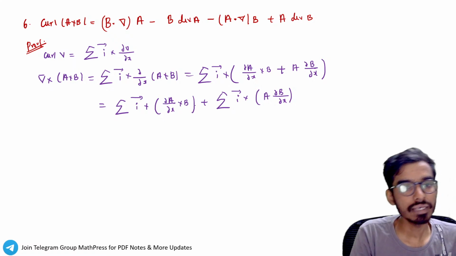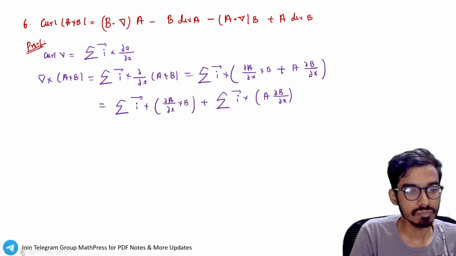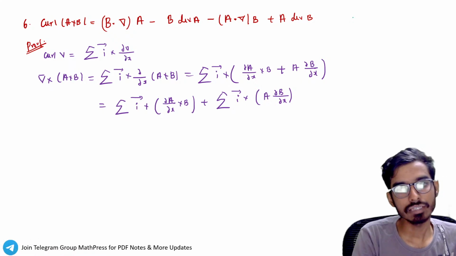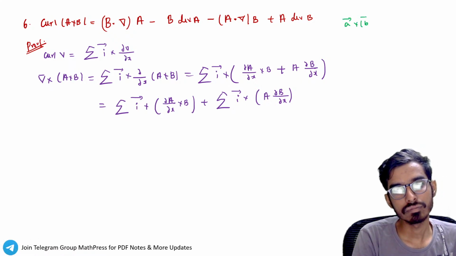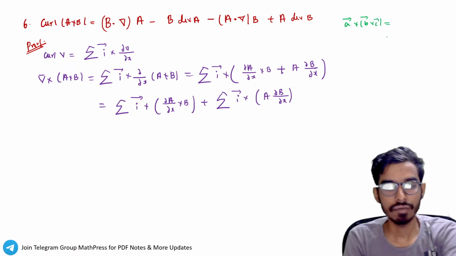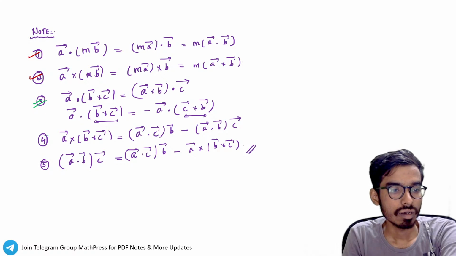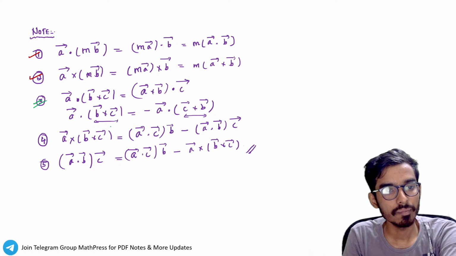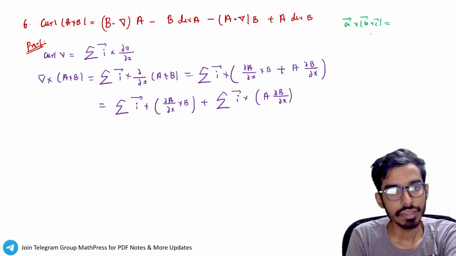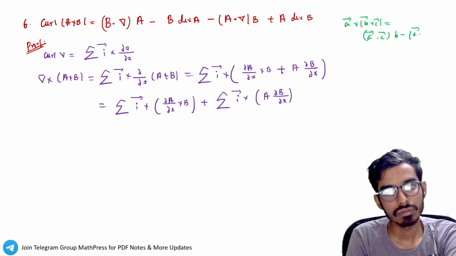Now A cross B cross C. So I'm going to make use of the result for A cross B cross C. What is A cross B cross C? Already written, right? A cross B cross C is A dot C into B minus A dot B into C, right?